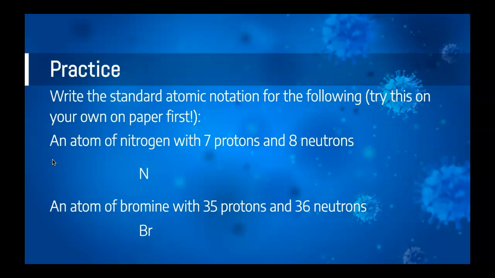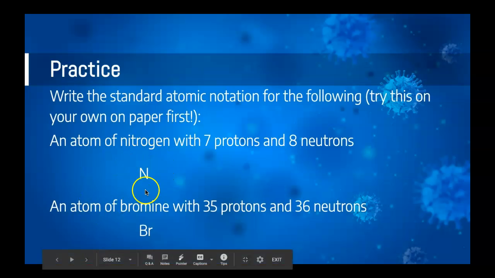It depends on what the scenario is, but in this case, I'm going to just tell you. You have an atom of nitrogen with 7 protons and 8 neutrons. What would the standard atomic notation look like? So I want you to pause right now, grab a piece of paper, and try to figure out what standard atomic notation would look like. I'll give you a second to pause it.